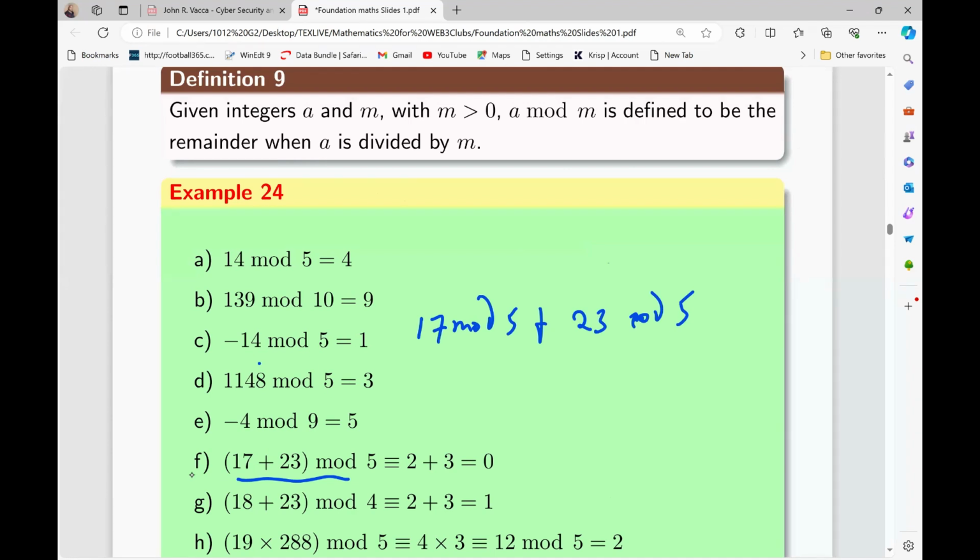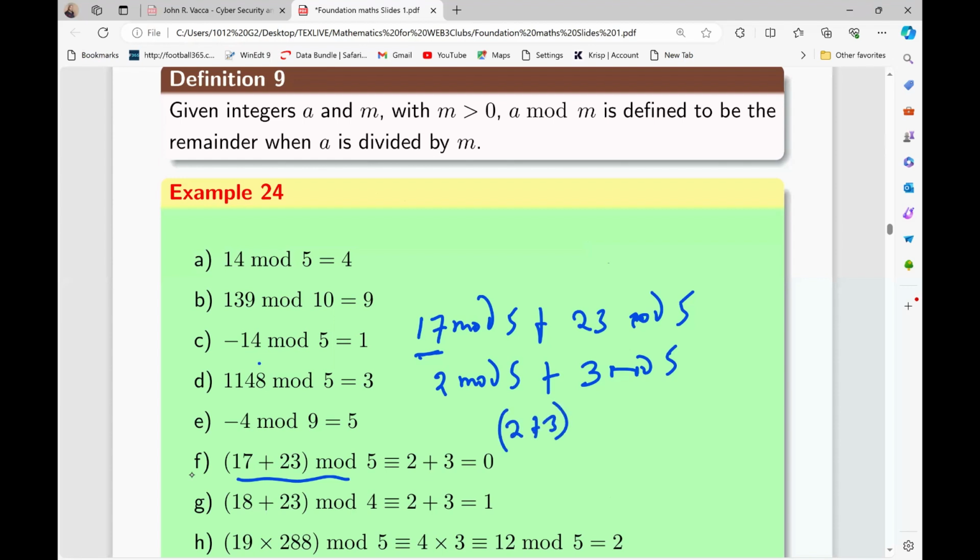When you do that, this part you have to make smaller because it's bigger than 5. So you're asking yourself, if 5 were to go there, what would be the remainder? And if 5 were to go here, what would be the remainder? The way we normally do with integers, you can also factorize.